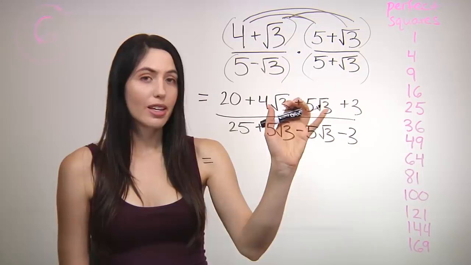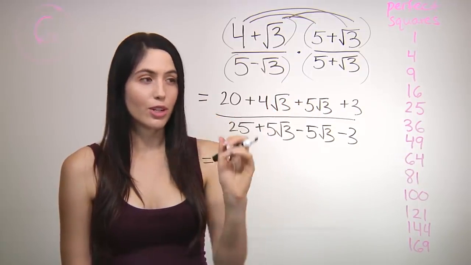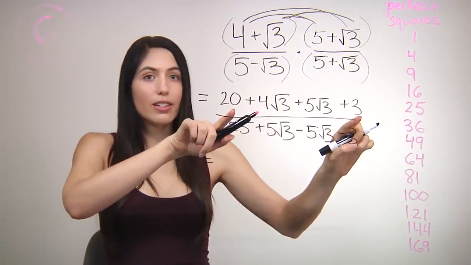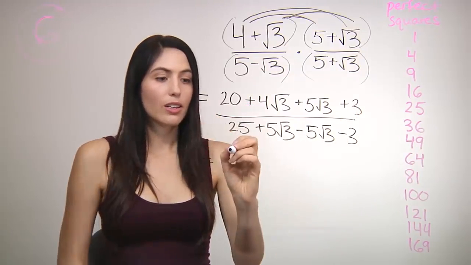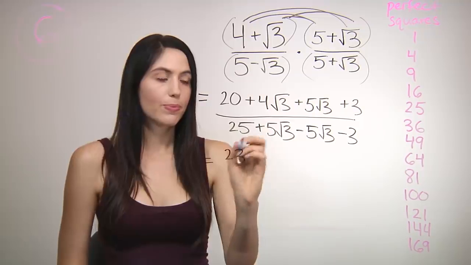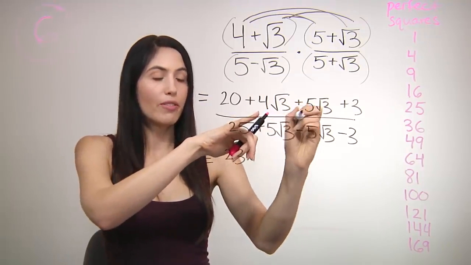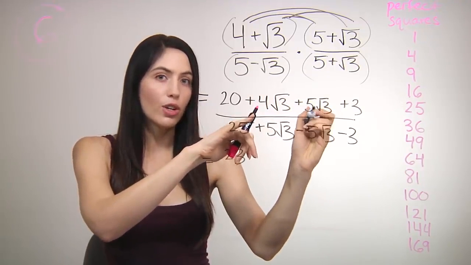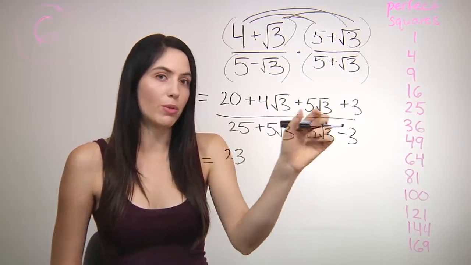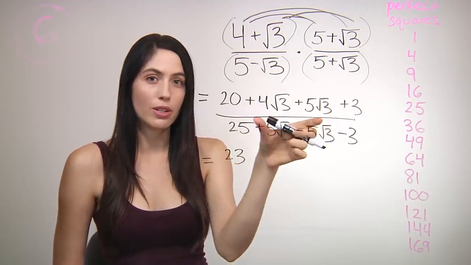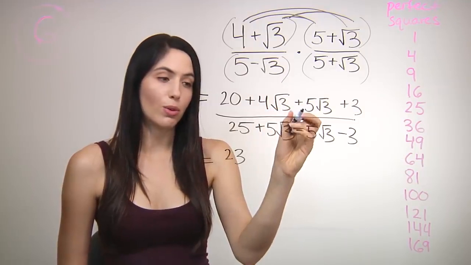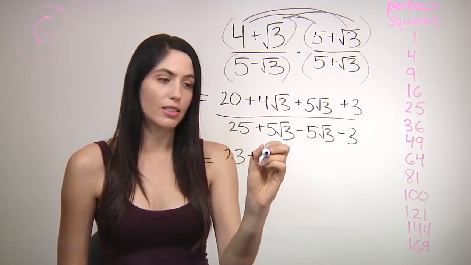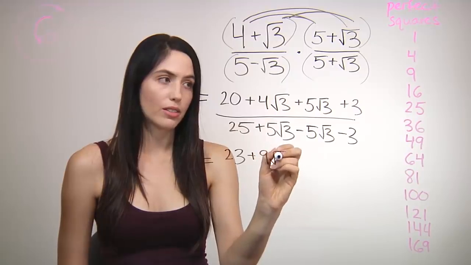On top, combine all the like terms you can. The constants need to come together, just the numbers, 20 and 3, you combine into 23. 4 root 3 and 5 root 3 are like terms because root 3 and root 3 are attached to both, so you can combine them. And you just get 9 root 3 since it's adding 9 root 3.